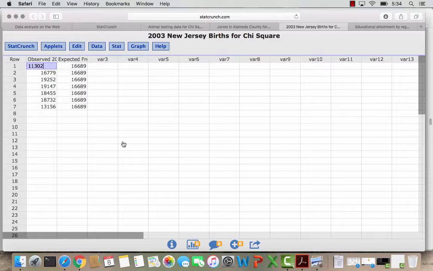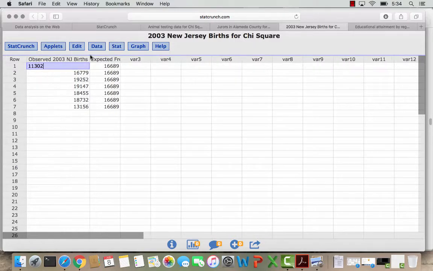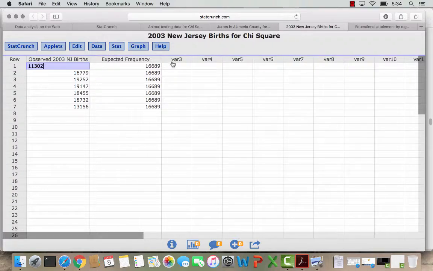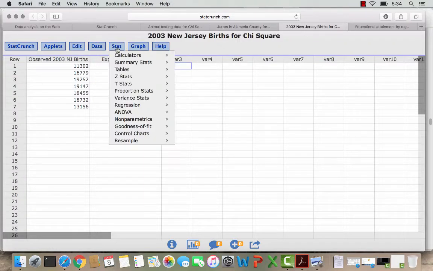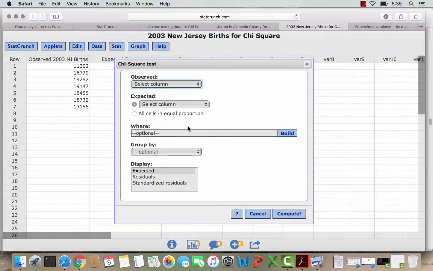So here's this data in StatCrunch. You can see I've got my observed births, and then what I expect if everything is equal. So now we are going to do the goodness of fit test. So we go to Stat, goodness of fit test, and then we're going to choose the chi-square test. The normality test you would see maybe in an advanced statistics class, but for our class we just look at chi-squared.